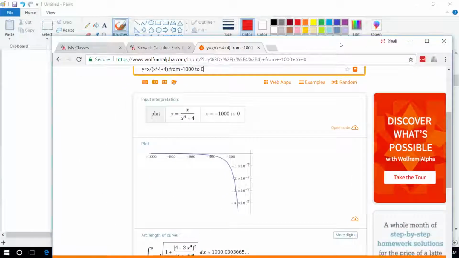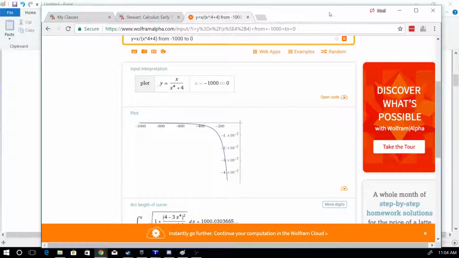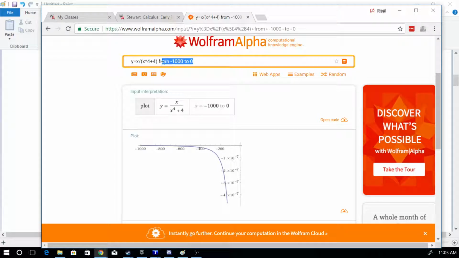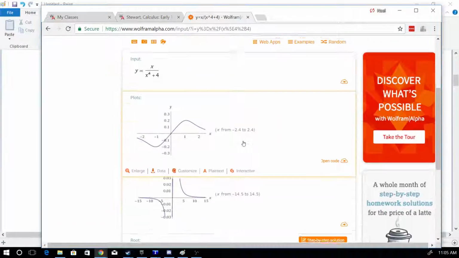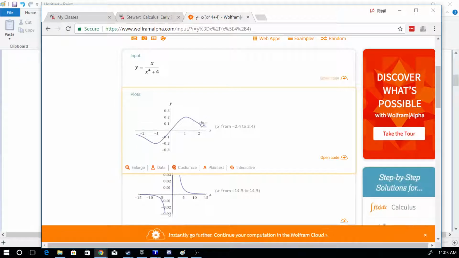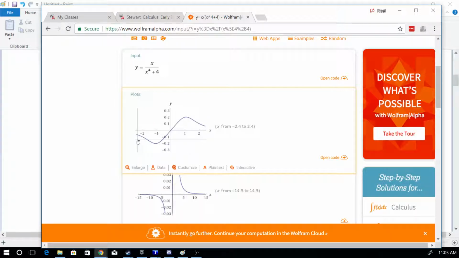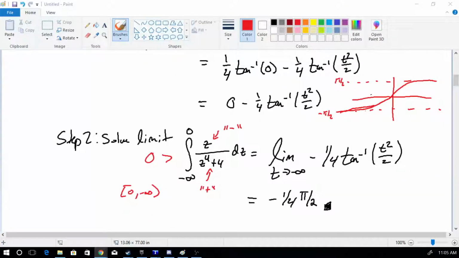So here we go. This is the piece from about -1,000 to 0. This is some weird computation error. Look, these numbers are very near 0, -1 times 10 to the -7th, and so on. That's just a sort of computation error from Wolfram Alpha. Let's look at the whole thing, both positive and negative arches. Just like we thought, positive on the right half, negative on the left half, so our answer should be negative. That's good. Our sign is great.